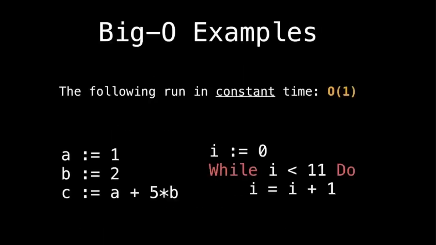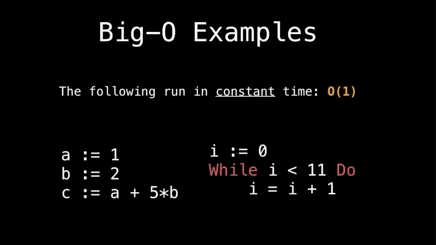Alright, now let's look at some concrete examples of how big O is used. So both of the following run in constant time with respect to the input size n, because they don't depend on n at all. So on the left, when we're just adding or doing some mathematical formula, yes, that's constant time.